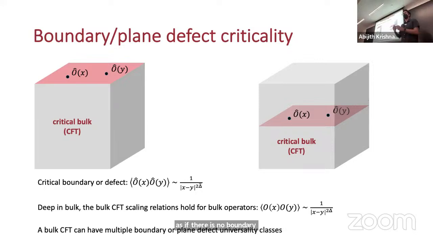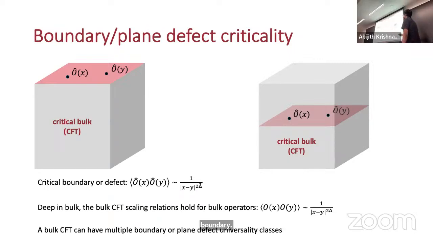Yeah, so just in the limit of being far away from the boundary or defect, the correlation functions look like the bulk correlation functions you'd expect in the absence of a defect or boundary. The hat is the boundary. Yeah, in this talk, I'll refer to hat as boundary usually if it's on an operator.